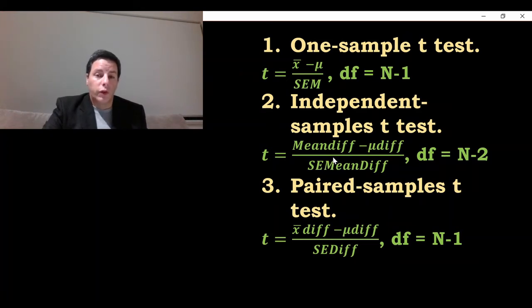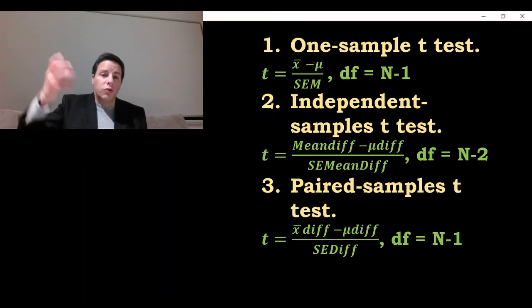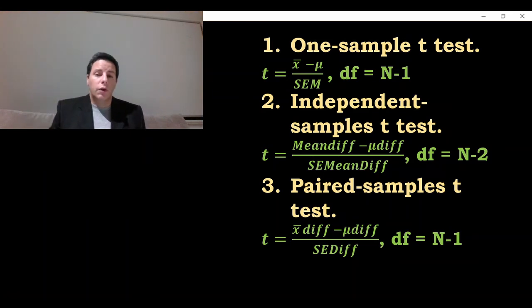So what is this? Well, we have to assume that we've got a population of values in which the mean of the values A and the mean of the values B is the same, so the difference is 0, and we extract samples. And from those samples we calculate the mean of the values A and the mean of values B, and we obtain the mean difference. So now we've got one mean difference.